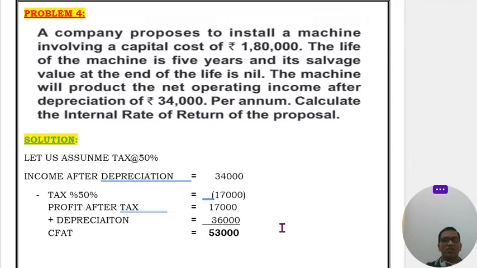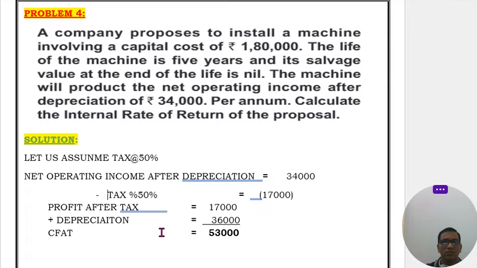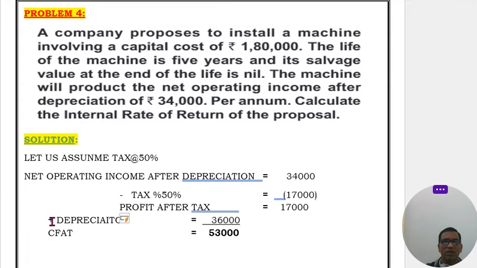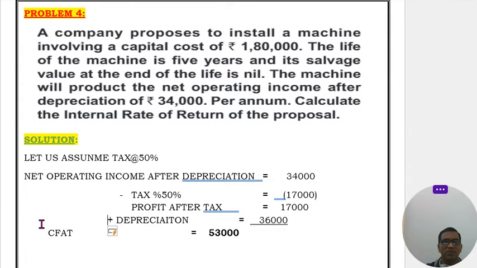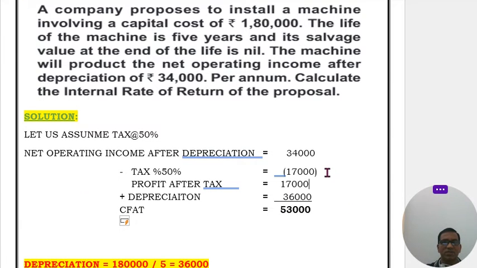In order to calculate, we need cash flows. Cash flows are not available. So what is given in the question? Net operating income after depreciation is given here. From net operating income, let us assume tax at 50%.